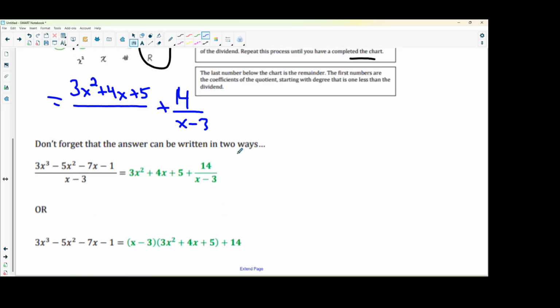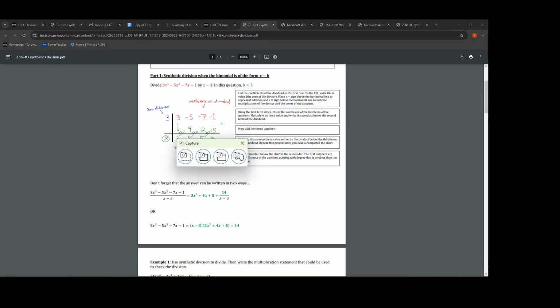Or, if we multiply everything by x minus 3, then the polynomial equals this value times x minus 3, plus 14. Don't confuse the two ways, and don't mix elements of one with the other. Understand which form you're writing, and practice.